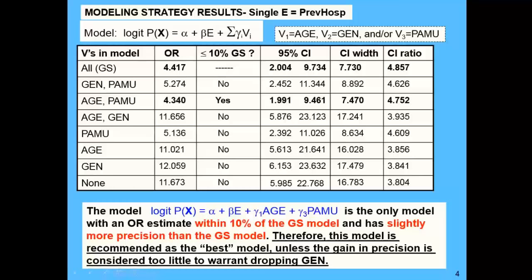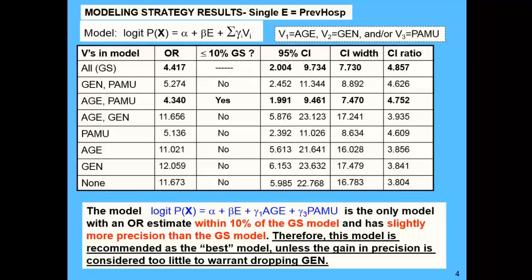Okay, so if we're going to consider what to do after we've dropped gender, what's our answer? Can we drop any other variable? Can we drop either age or PAMU? The answer: we can't drop either one. So using this backward change in estimate approach, what's our final model, without considering precision?